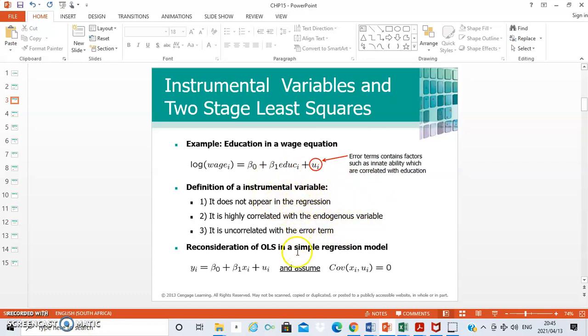Now, under normal circumstances, if we have a model like this where y is our dependent variable and xi is our independent variable, and we assume that xi and mu i are not correlated, such that the covariance between xi and mu i is equal to 0, then it means that we can estimate our model using OLS.